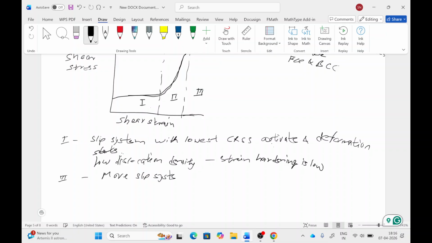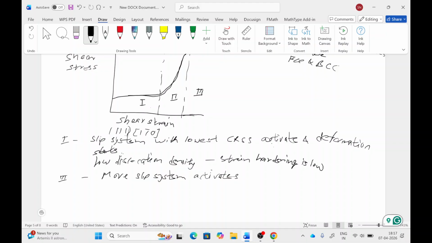The first slip system is the 111 plane and 110 direction, and more slip systems will be variants of this, like the one bar one plane and its slip direction, and other slip systems which have less atomic planar density than 111 planes also activate.